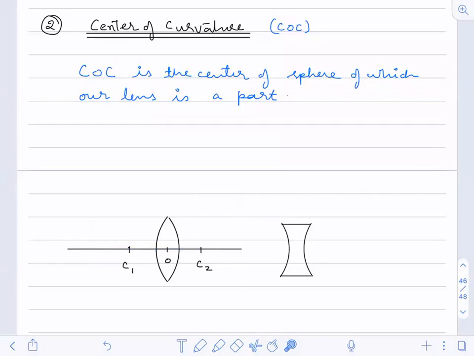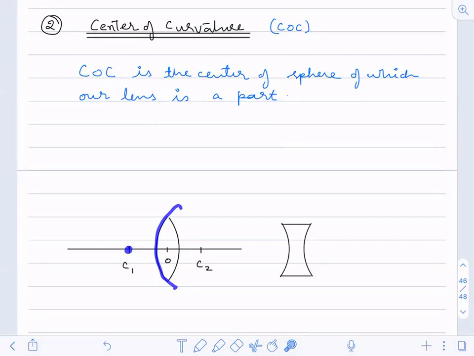But because we have two curves, one curve is this, one curve is this, they will have centers at this point and this point. Correct? So for this curve, we have a center over here. Is it possible that this curve has a center at C1?